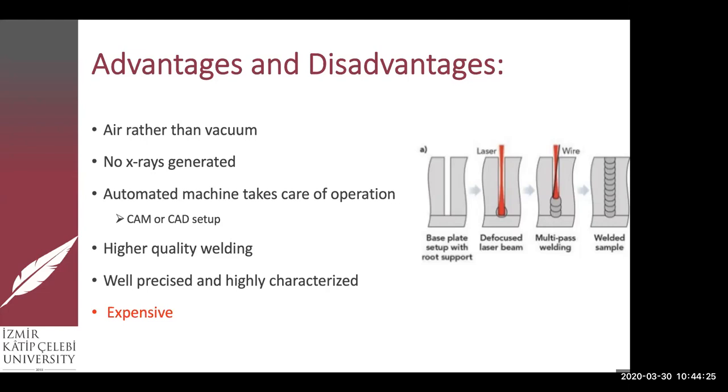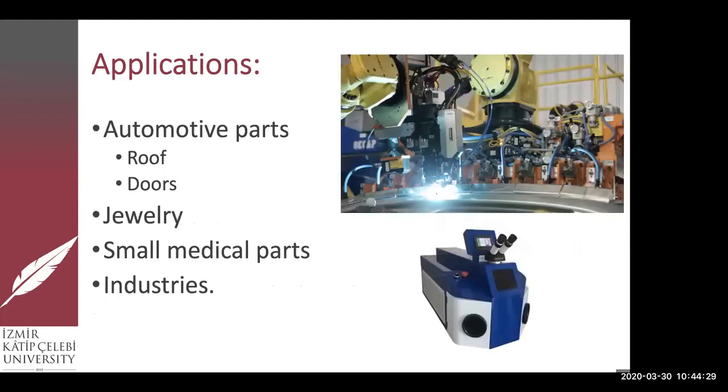The main disadvantage of laser beam welding is that it is expensive. And for the applications, we could see on the right-hand side in the upper picture an automotive application where the roof is being welded to the body part of the car. Also, doors and roofs may be welded by this machine.